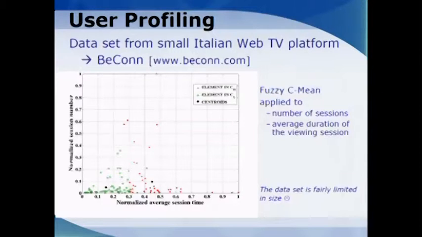Two clusters were built, examining the number of sessions and the average duration of the viewing session for each user. As you can see, green squares represent low-interest viewers, and red points represent high-interest viewers of channel Rai Uno.